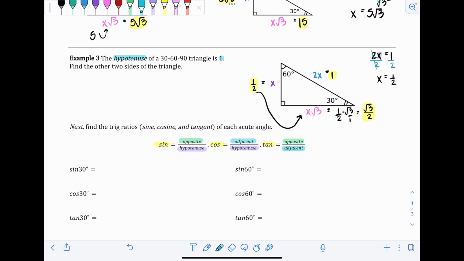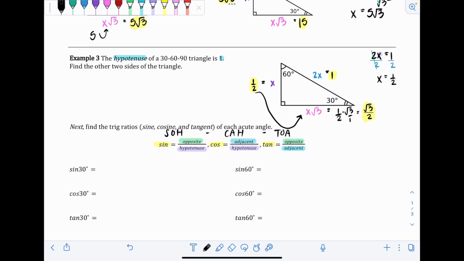So those are the 3 formulas. You may or may not have learned that trick to help remember it. It's SOHCAHTOA. So it's SOH, CAH, and then TOA, and that just shortens down the formula.